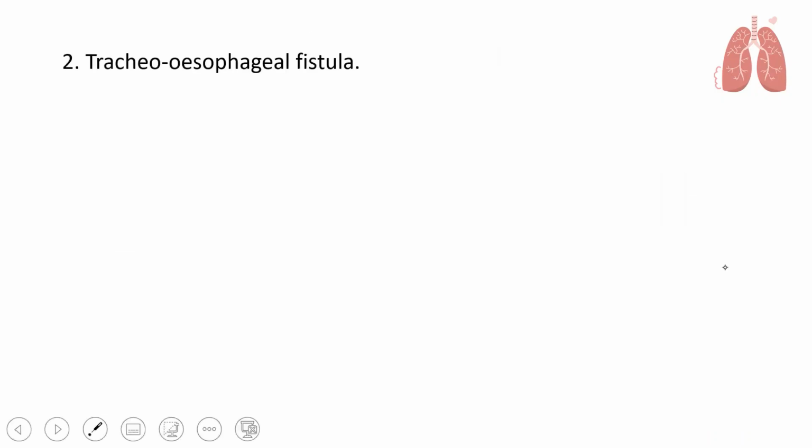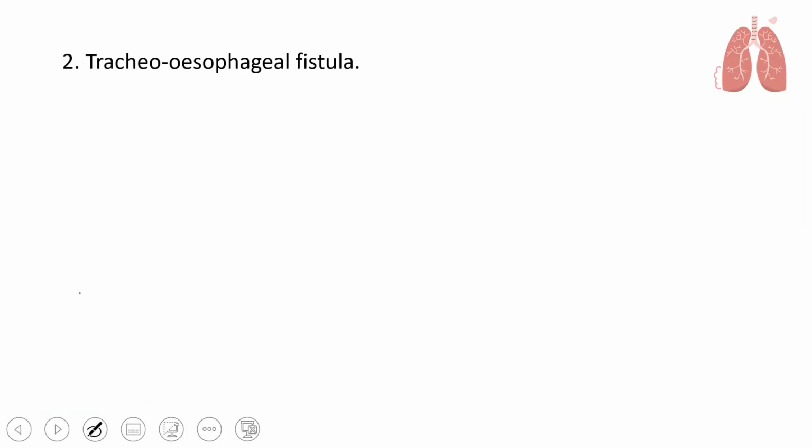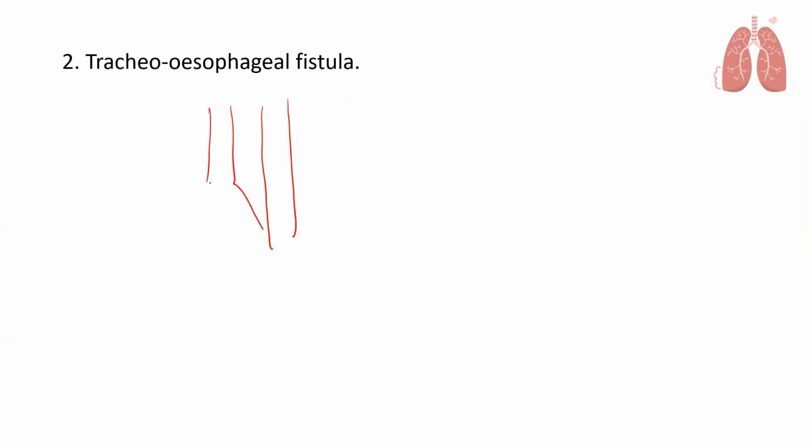Now, tracheoesophageal fistula. It develops when the lung bud fails to separate from the esophagus, right? Usually they should separate like this. If they don't separate, they will have a connection like this.